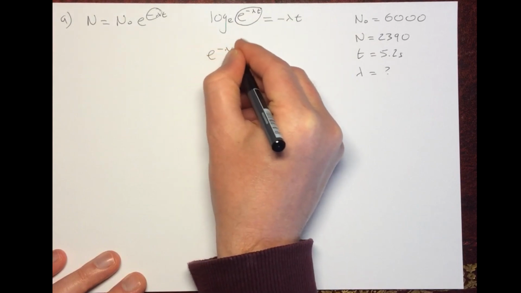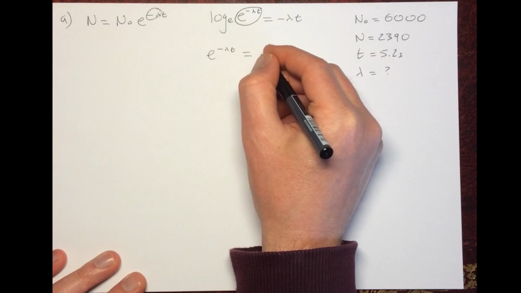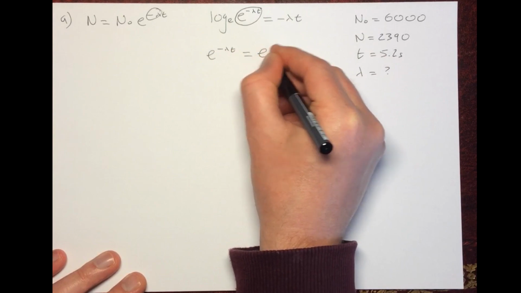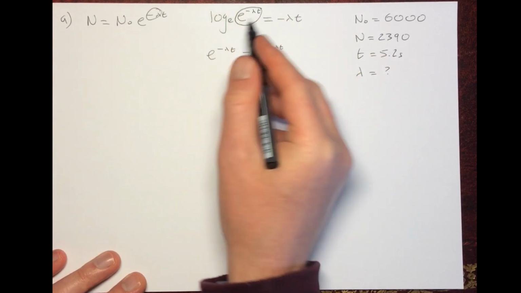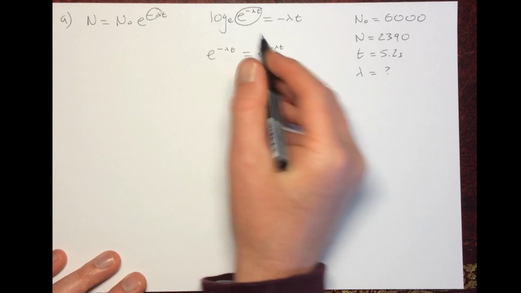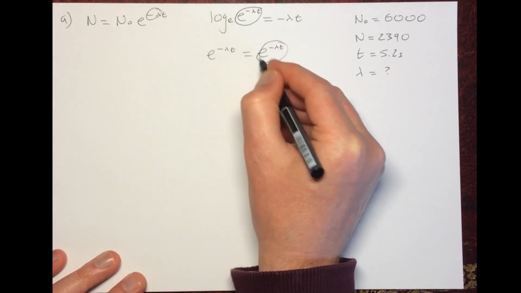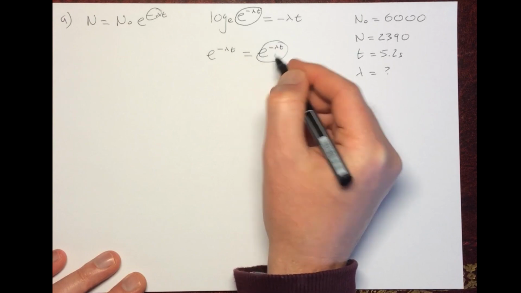Because if you think about it, e to the minus lambda t is equal to some value. So when we do this, we're saying, what value do I need to raise e to, to get this answer? Obviously, when you evaluate that function, you're going to get a number.